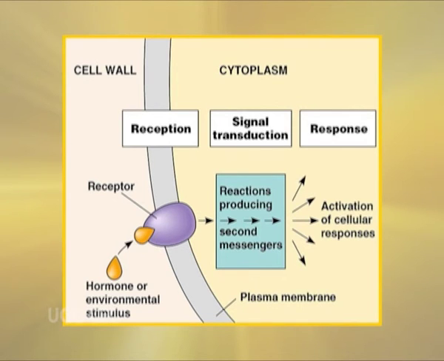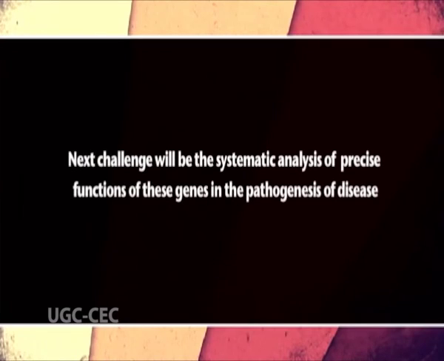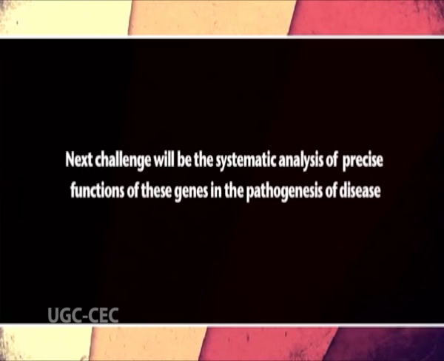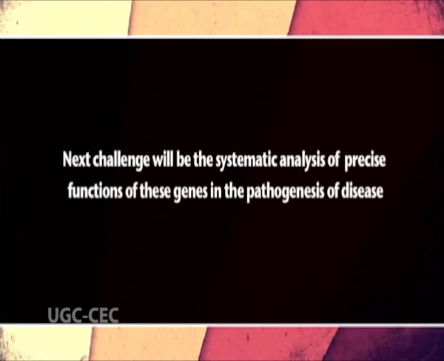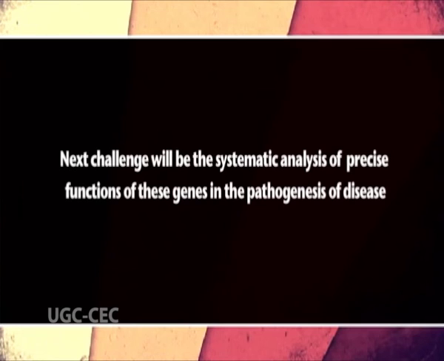The approaches greatly help us to understand the mechanisms from signal transduction to immune response in airway diseases. Recent human association studies revealed many novel genes underlying complicated airway diseases. The next challenge will be the systematic analysis of the precise functions of these genes in the pathogenesis of the diseases.